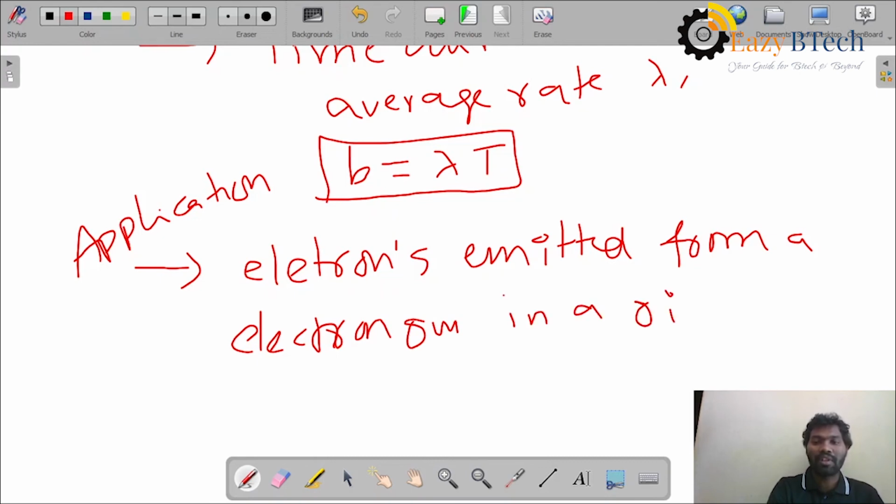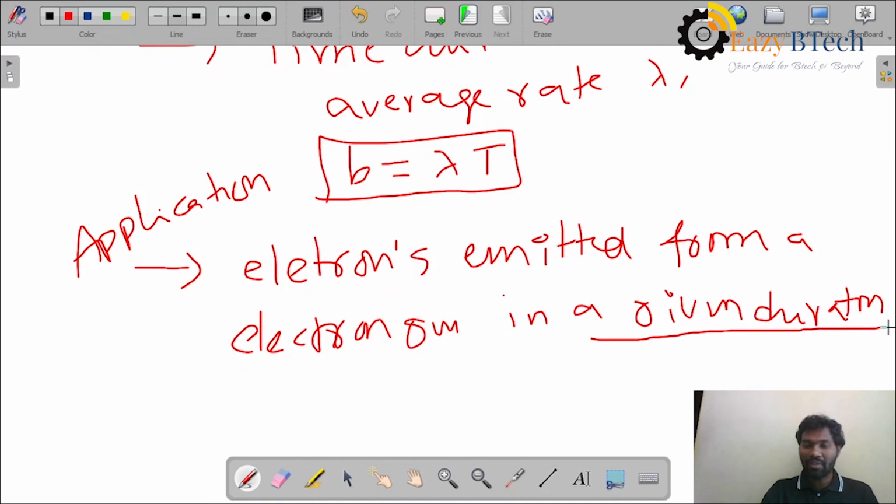This we should particularly remember: to find out the counting, you should take a particular time interval, which must compulsorily be taken.